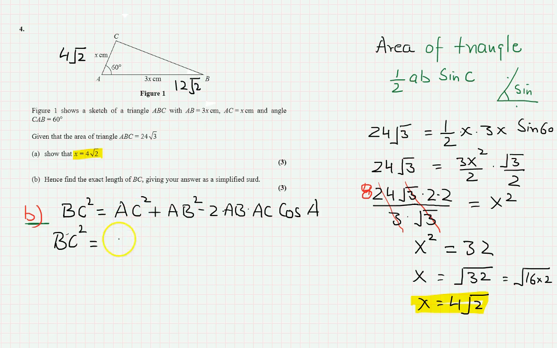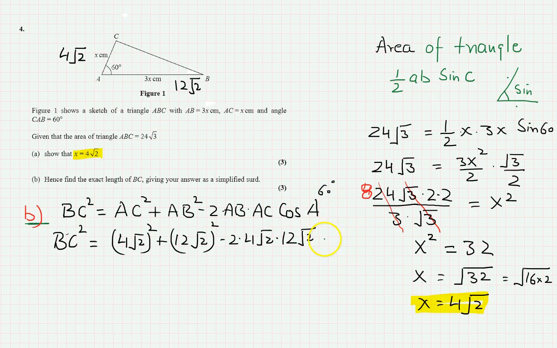So AC square is 4 root 2 square, plus AB is 12 root 2 square, minus 2, this is 4 root 2 multiply 12 root 2, and cos A is 60 degree, so cos 60 is half.